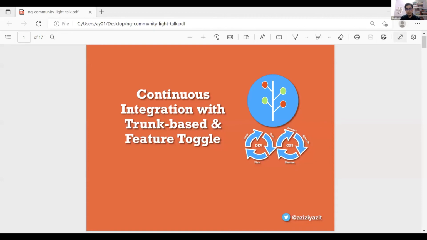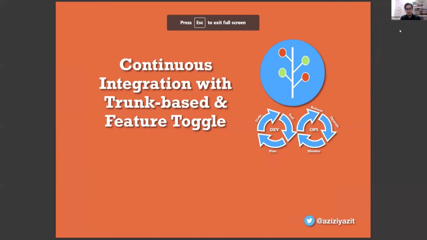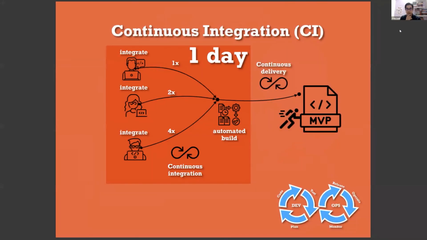Let me full screen. So hopefully everyone is able to see my screen. Cool, right. Today we talk about continuous integration with trunk-based development and feature toggles. Continuous integration is the practice of integrating the code or the work more frequently.